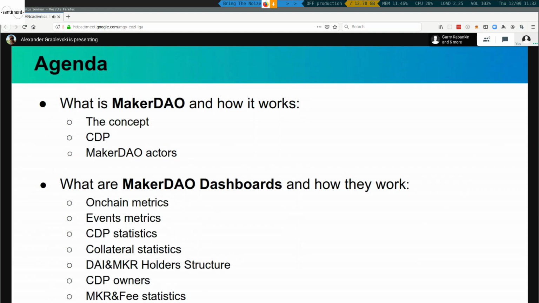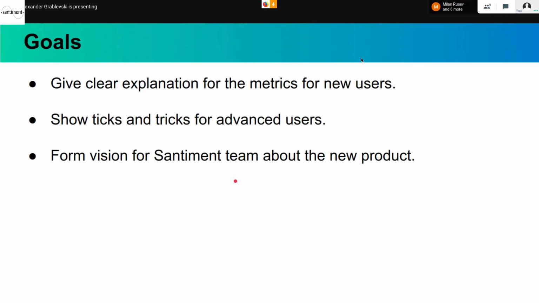In the first part, I will tell you about what MakerDAO is, what the concept around it is, and what it is needed for. And in the second, much bigger part, I'll tell you about all the metrics we have. I'll try to explain how they work, how they are computed, and how you can use them.